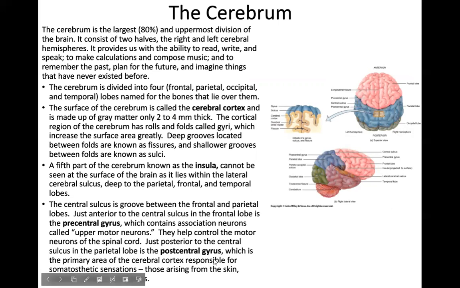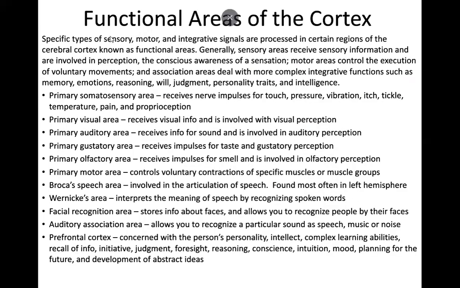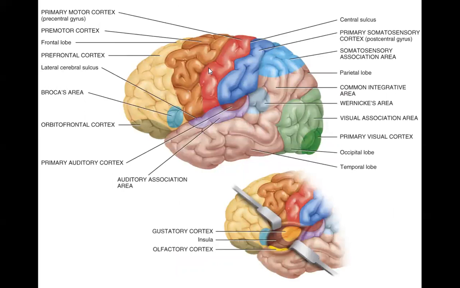It's the primary area of the cortex for what we call our somatic sensations. These are all somatic sensations coming from the skin, muscles, tendons, or joints. And that general area is shown here in blue in our picture on the next page.